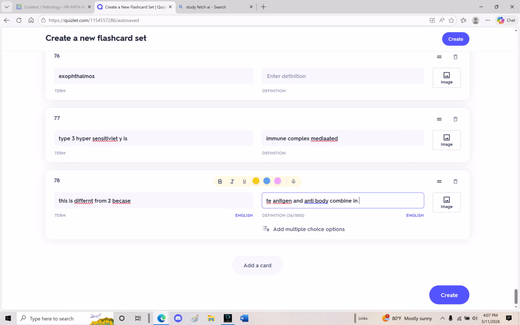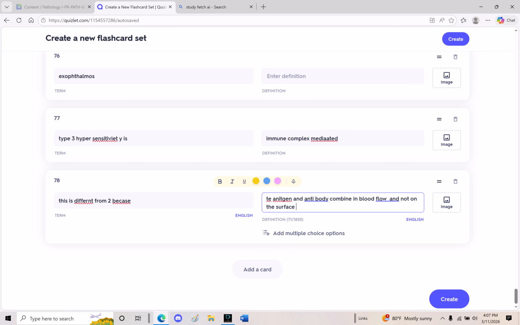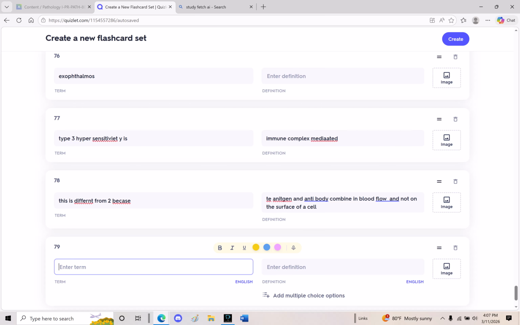Type 2: your antigen was already in the cell membrane, and your complex formed when antibody traveled to it. In this case, your antigen and antibody are free-flowing in the blood. They meet in the blood, they create a complex, and that complex as a unit deposits on cell surfaces or tissues later on.